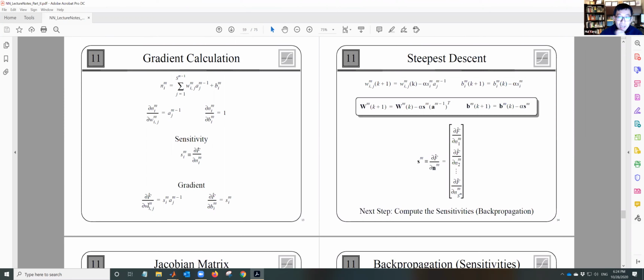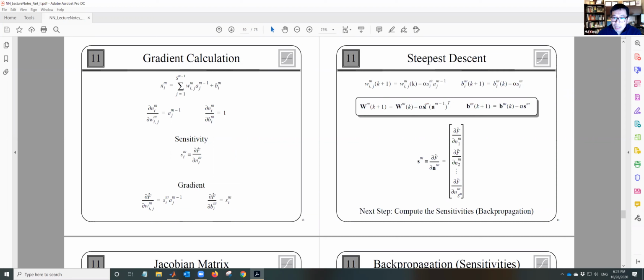Then the partial derivative of F with respect to w will equal the sensitivity times, because of the chain rule, F with respect to n, then n with respect to w. This will equal the sensitivity times a. And for b, just the sensitivity, because this one is just 1. So up to now, it seems that the sensitivity values are very important. Sensitivity calculation depends on the transfer function. If we know the sensitivity, and we know a, we use the gradient rule and immediately we can adjust our new parameter values.